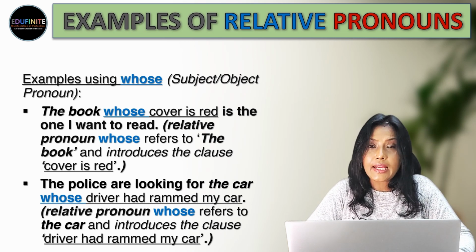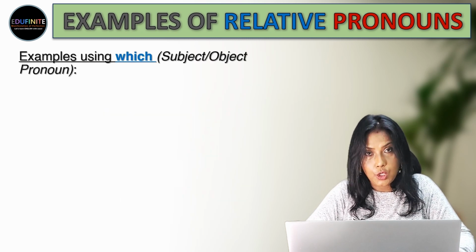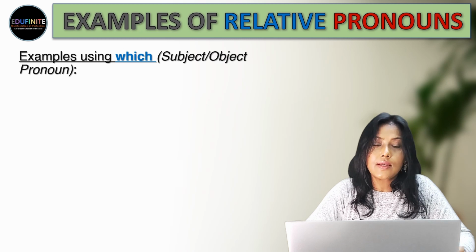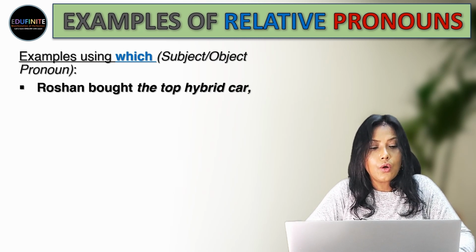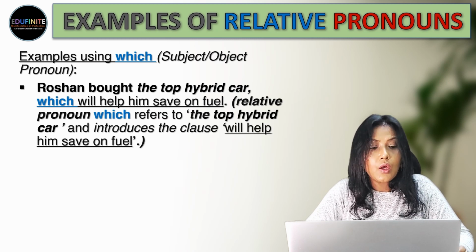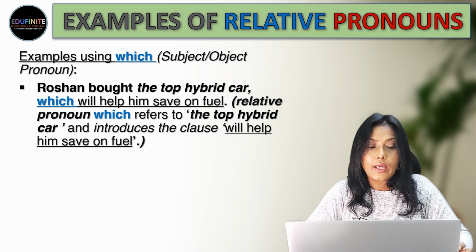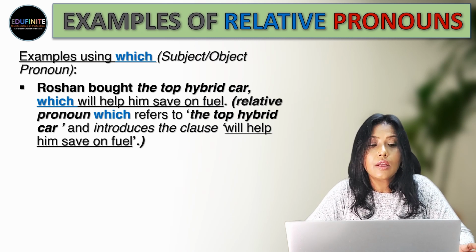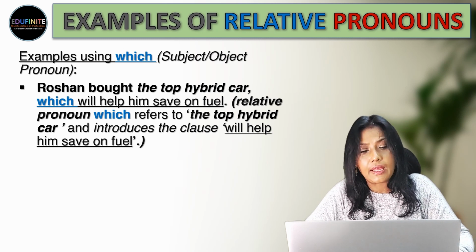Okay. Next we have examples using which. Now, which is also used as a subject as well as an object pronoun. So, Roshan bought the top hybrid car, which will help him save on fuel. So here, Roshan bought the top hybrid car is the independent clause. It's giving the full meaning.